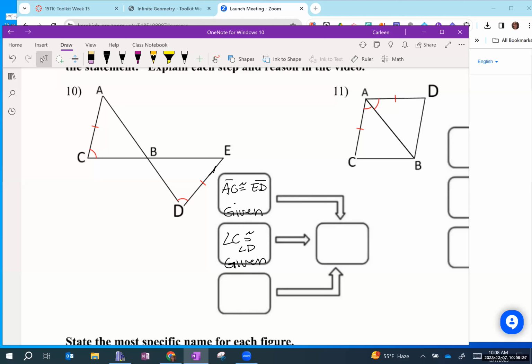Almost. First, we have to say, now, can I say angle B congruent to angle B? No, I cannot. Because if I say angle B, is it this one or is it this one? So I'm going to use 3 letters. Angle ABC is congruent to angle EBD.